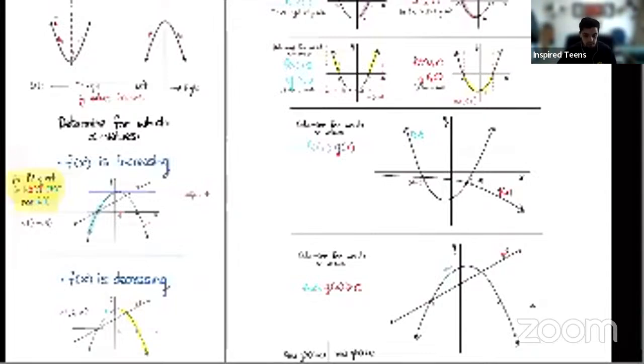Okay, before we begin, can I just please get confirmation that you guys can see me, as well as hear me, as well as see my screen?